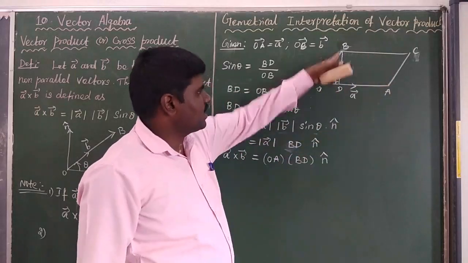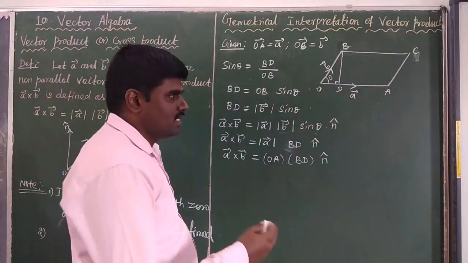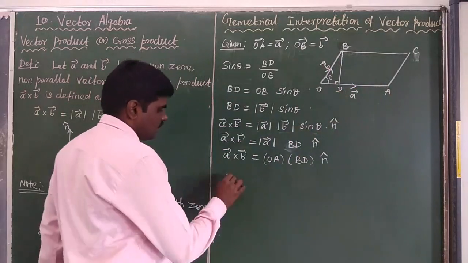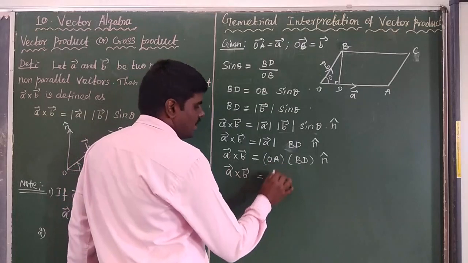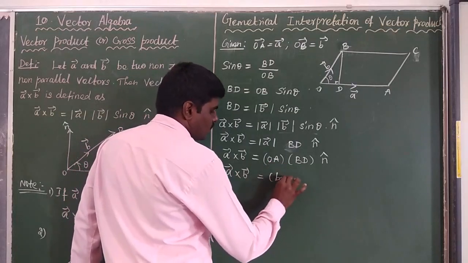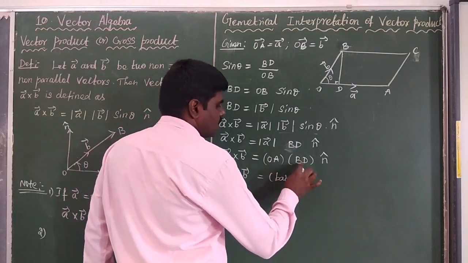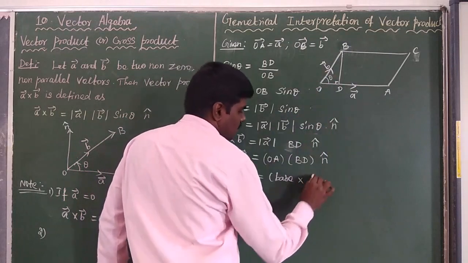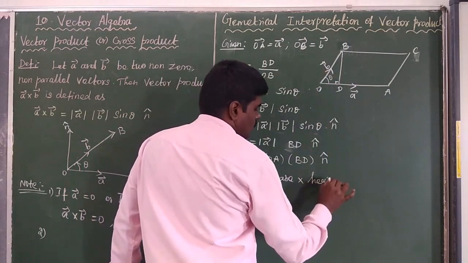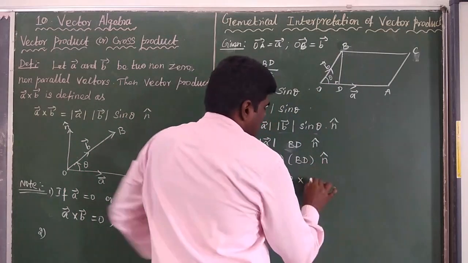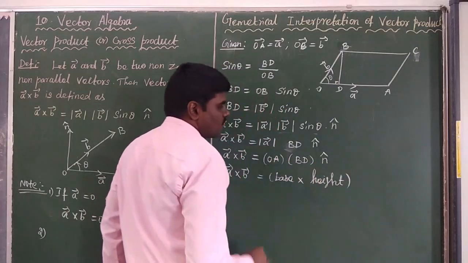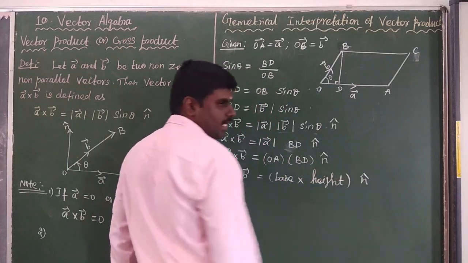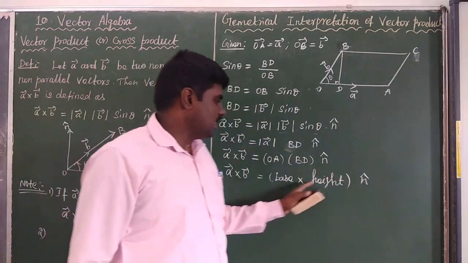Next, BD means the height of the parallelogram. So base and height. A vector cross B vector is equal to OA, the base, into BD, the height, and then the value of n cap. Is that clear?